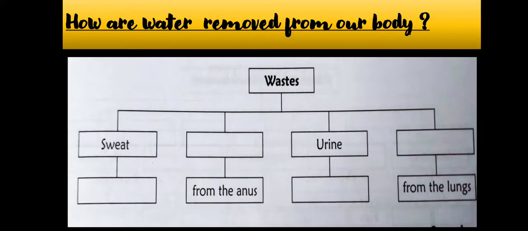Next question is, how is water removed from our body? As you know, we are drinking a lot of water in a whole day. So how is water removed from our body?